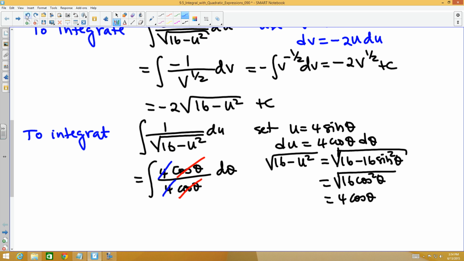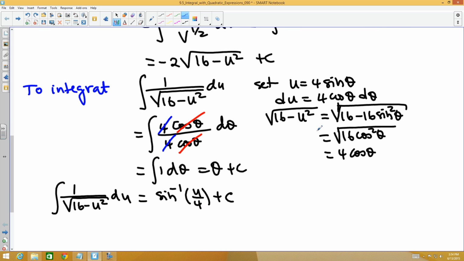Therefore the integral becomes, if you replace du and the square root of 16 minus u squared with 4 cosine theta, just the integral of 1, and that means the integral will be theta plus a constant.